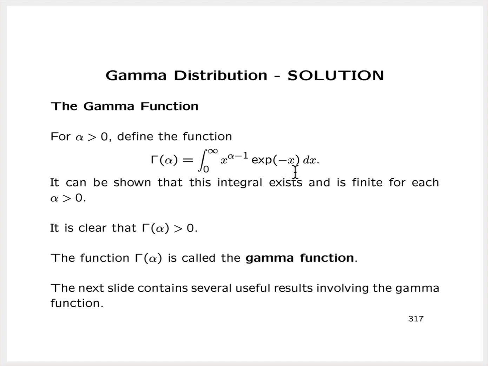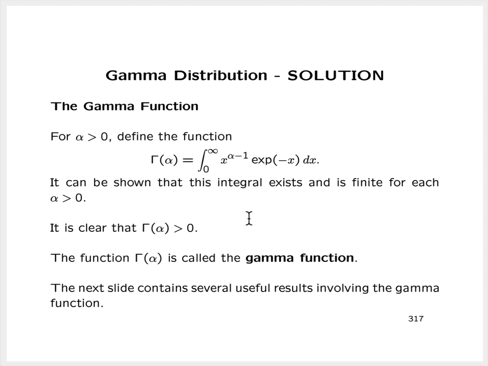E to the minus x is always positive. And so we have a product of positive functions. And so the integrand is positive, and we're evaluating it over the values of x that are positive. And so this integral will be positive for all positive values of alpha.